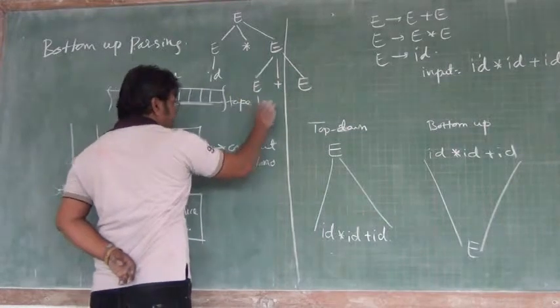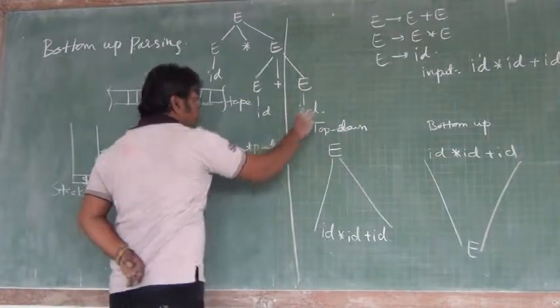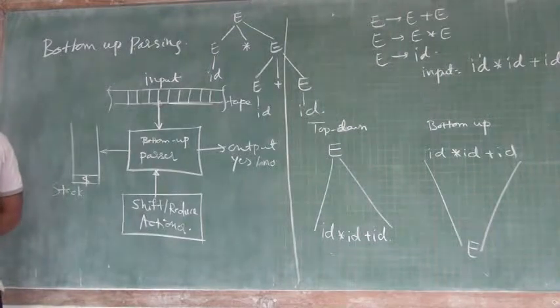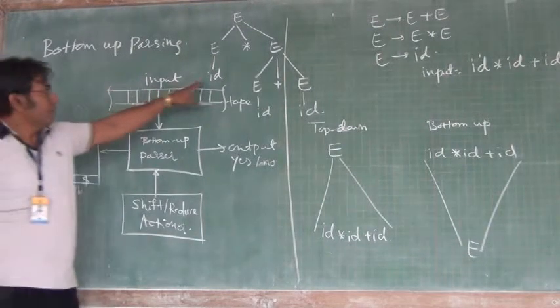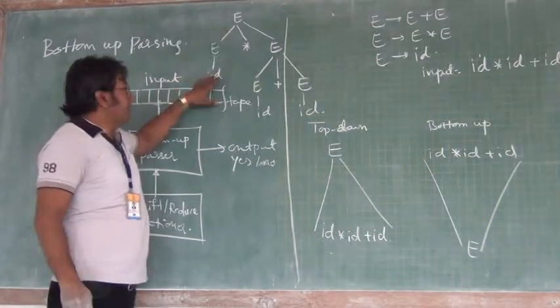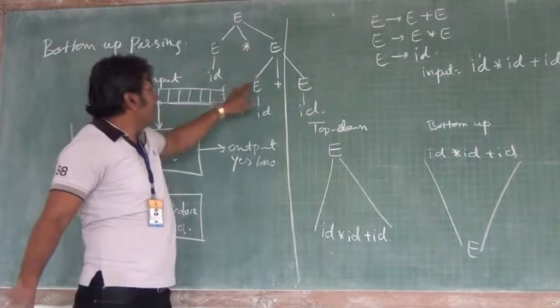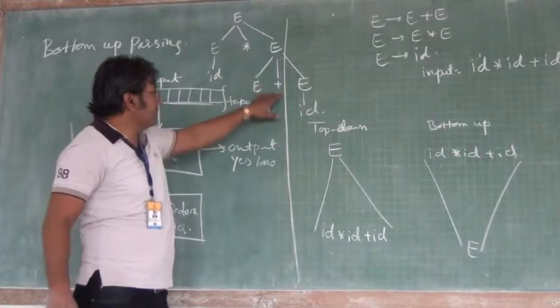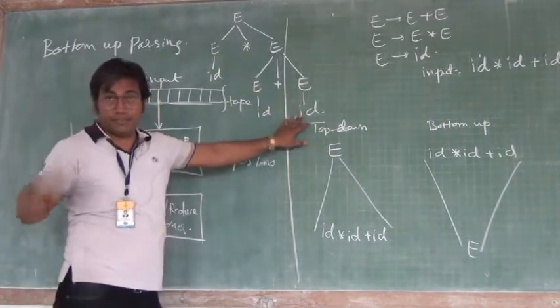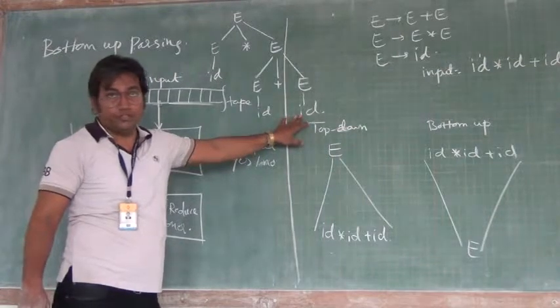This E we reduced to id. This E we reduced to id. In top-down, we started with E, and what we got at the end is the string id star id plus id in the previous top-down parsing approach.